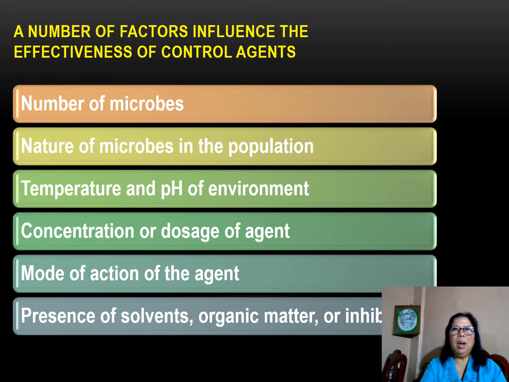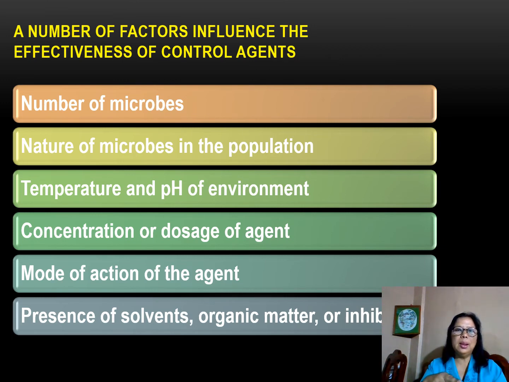So if you are trying to kill something that survives in low temperature, of course, you do the reverse. You increase the temperature. So psychrophiles could be killed by simply increasing the temperature. Just the same with thermophiles, how to kill the thermophiles, you subject them to low temperature.